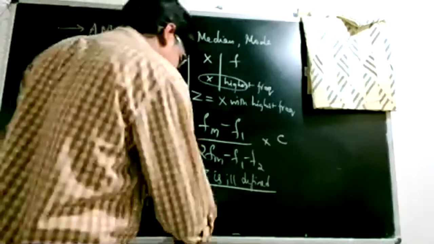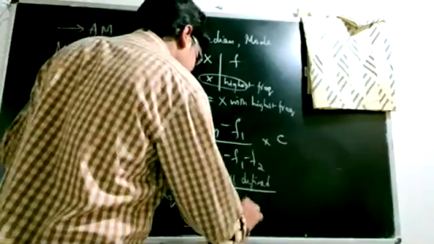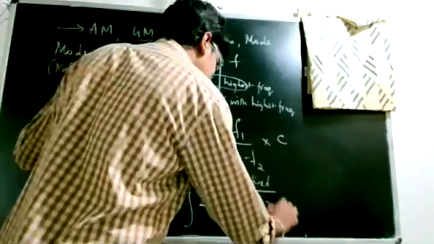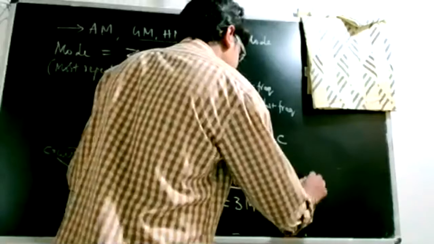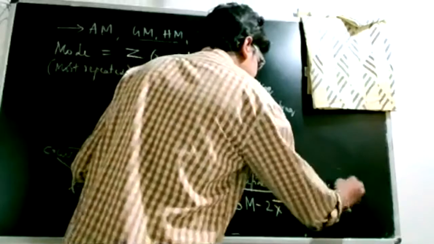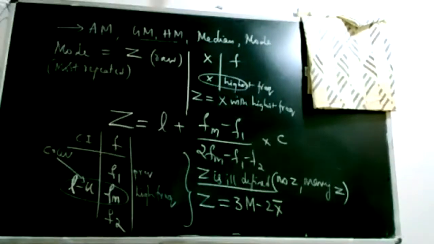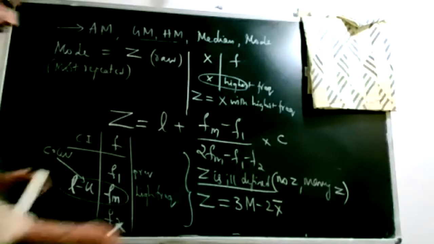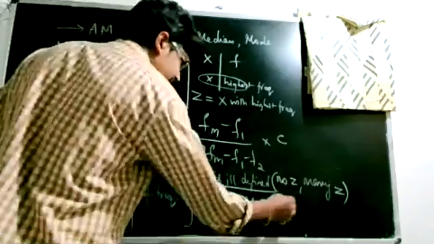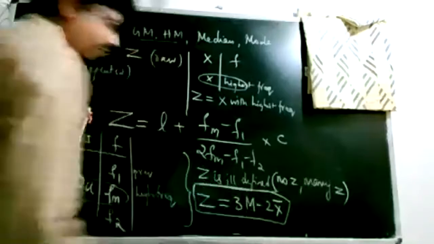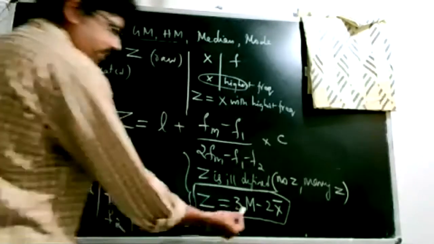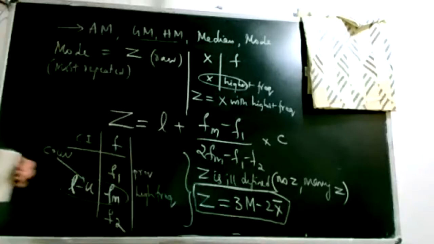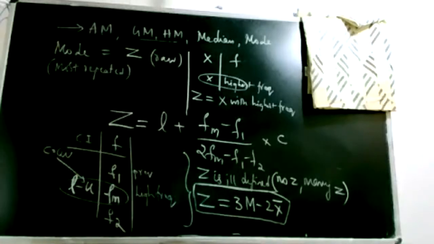So in those cases, where mode doesn't exist or where multiple modes exist, whenever there is no Z or many Z, we will have a dilemma in picking a particular value of Z. So in that case, we can use the formula that mode is equal to 3 median minus 2 mean, M for median and x bar for mean. So what you have to do is obtain the value of median, obtain the value of mean, and using that you can obtain the value of mode.